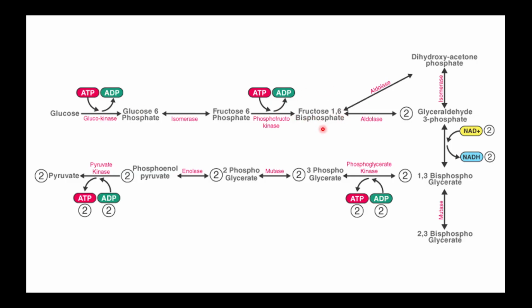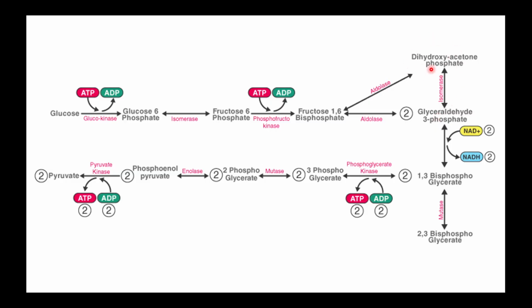Now from fructose 1,6 bisphosphate we get two products of 3-carbon compounds. This is a 6-carbon compound, fructose 1,6 bisphosphate, and it breaks down into dihydroxyacetone phosphate and glyceraldehyde 3 phosphate. Both of these compounds have 3 carbons.